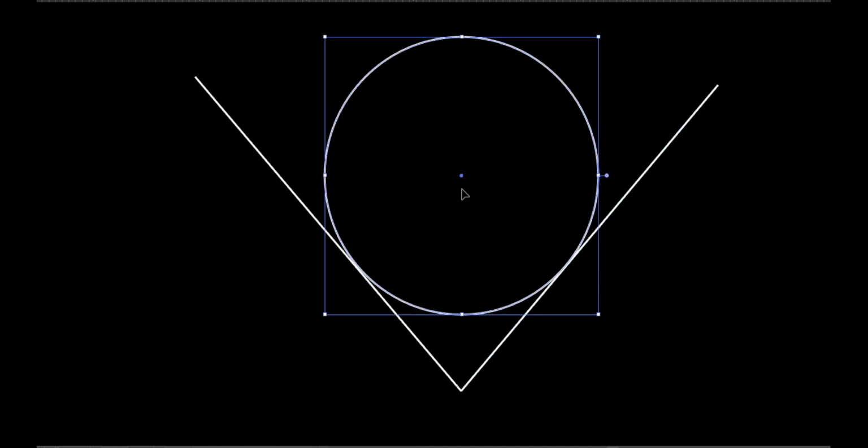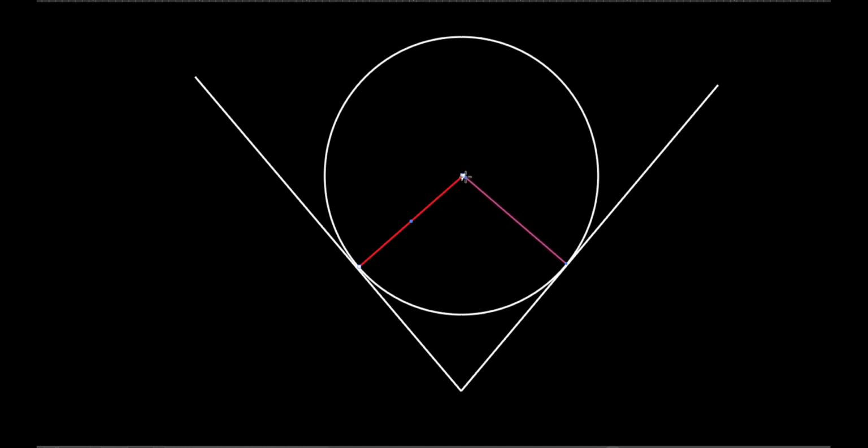That's an important point. Right there. This is example 1. And let's do this in a different color. I'm going to connect the points of tangency, right there and right there.